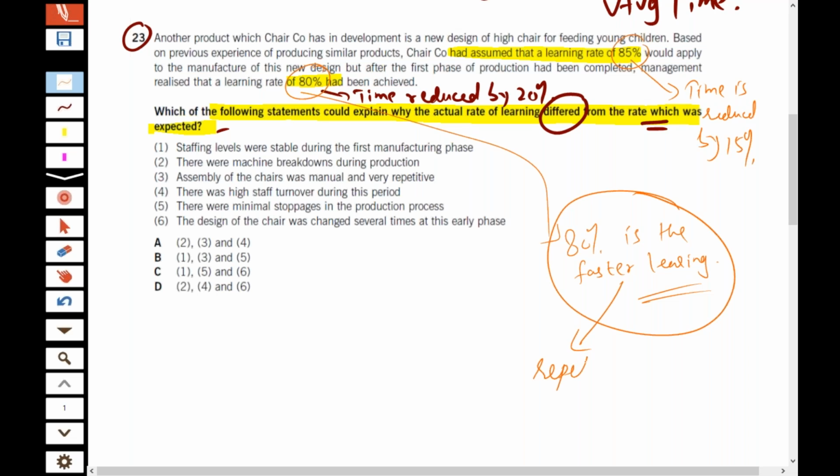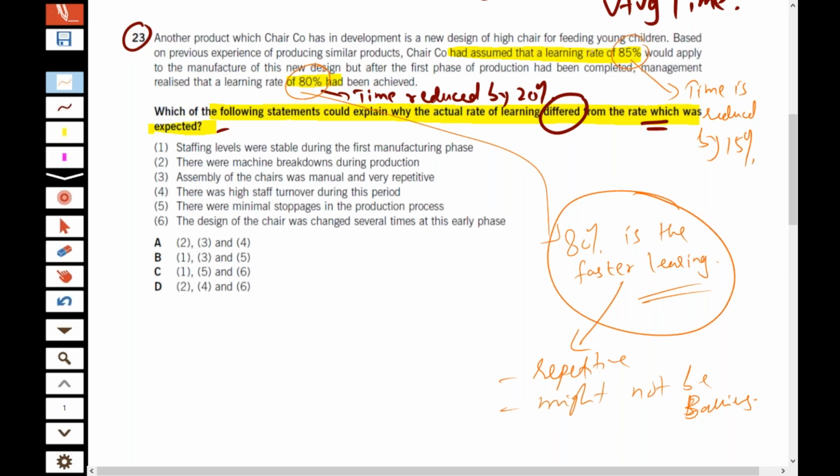Because the production might be repetitive, there might not be barriers in the production. Now students, why were you able to learn faster? Because there was no disturbance during your learning. So which one is the correct option?